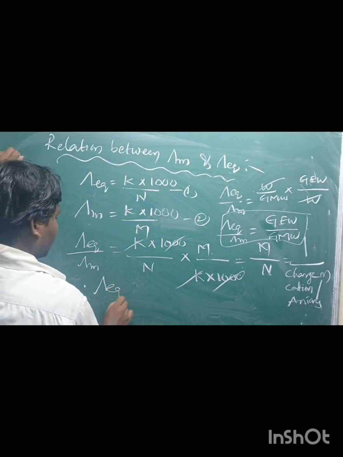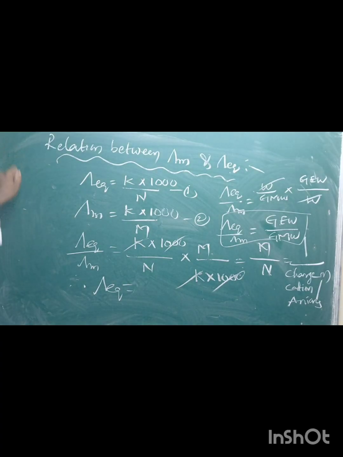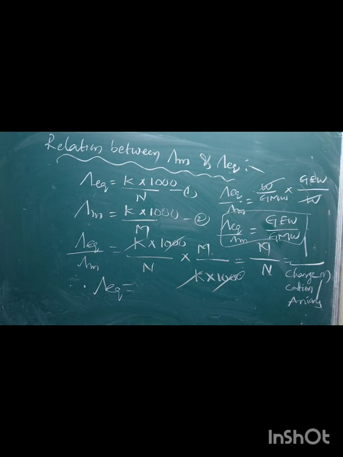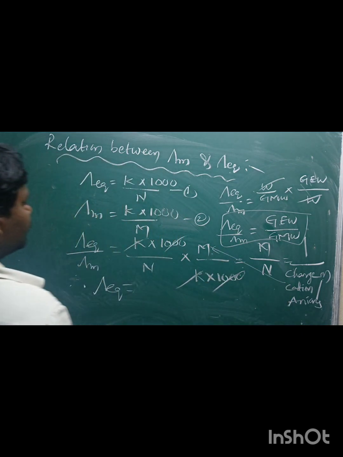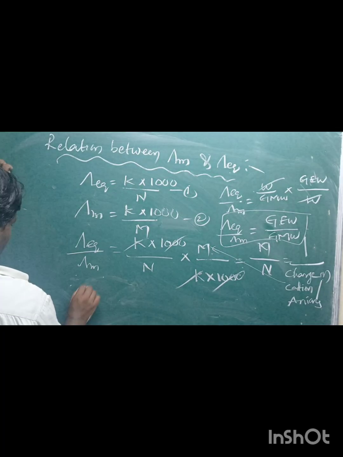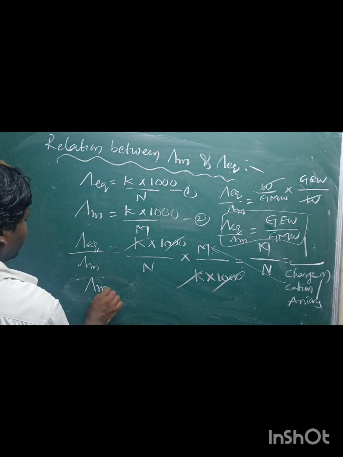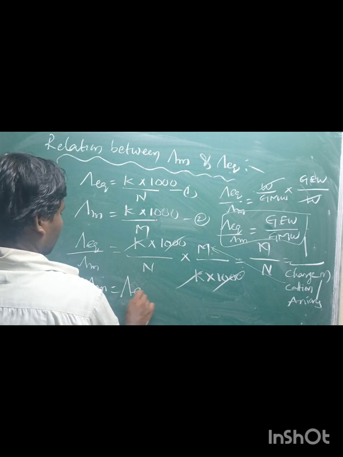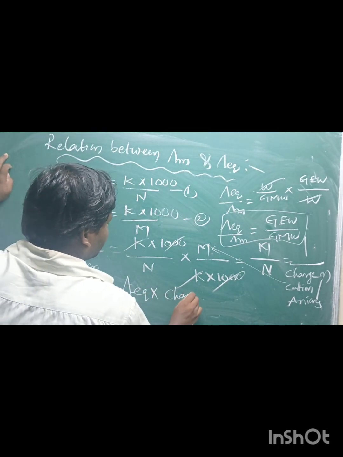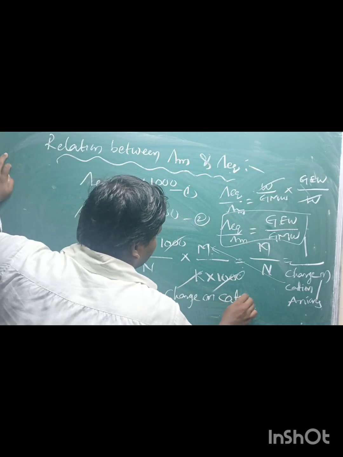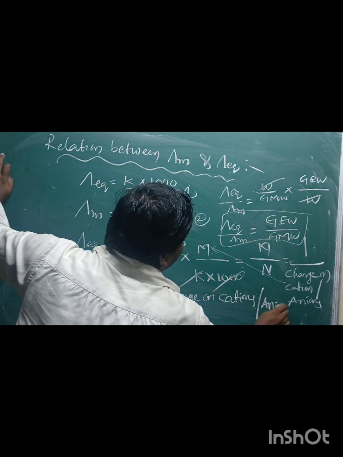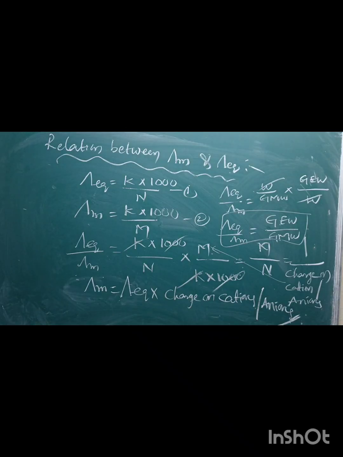Therefore, by cross multiplication, lambda M is equal to lambda EQ into the charge on the cation or anion. This is the relation between molar conductance and equivalent conductance. Thank you.